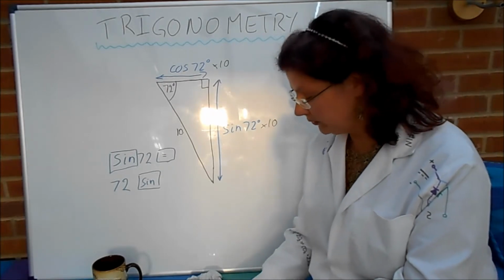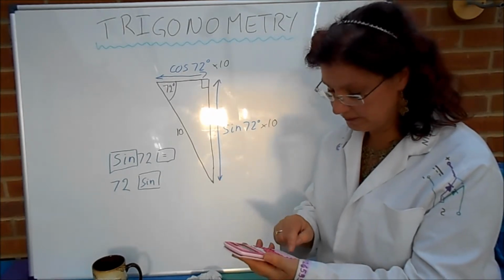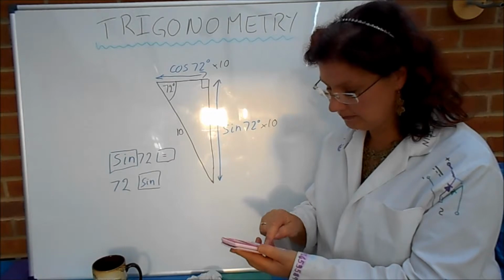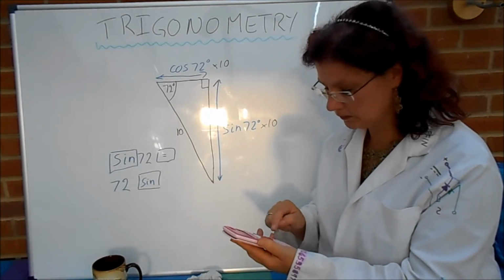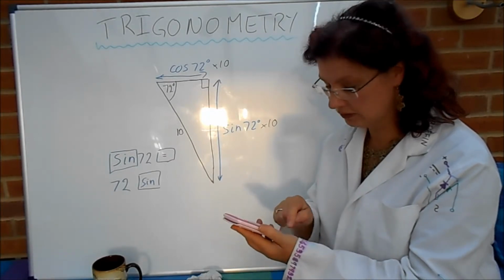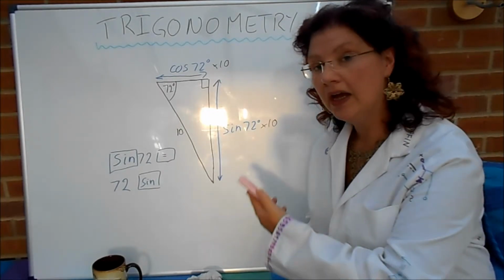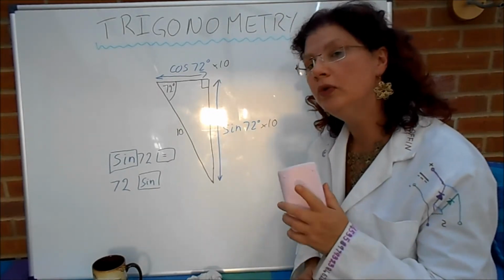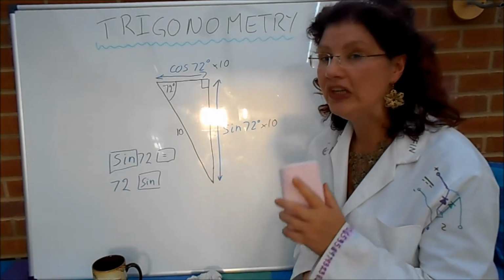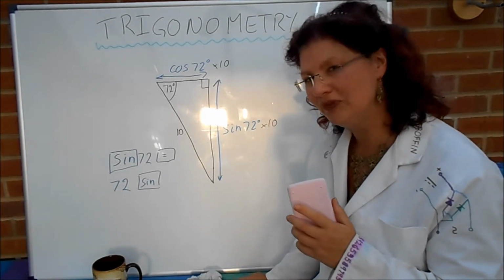I've got both, but this one is a more modern one, so I'm going to put in the sine of 72. Here we go. The sine of 72 equals, and I've got a number out. So you pause the video and you see what you get out of that. Pause the video now.